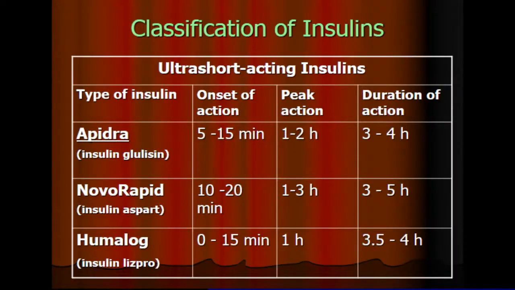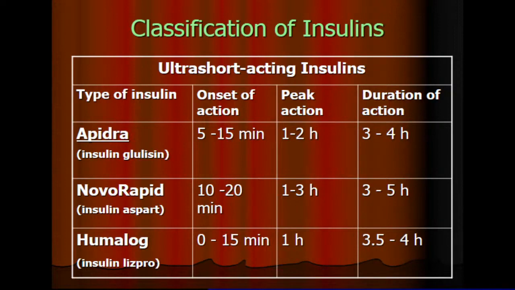Now, classification of insulins. First group, ultra-short-acting insulins. The names of this insulin: Apidra, international name insulin glulisine; Novarapid, international name Aspart; and Humalog, international name Lispro. Onset of action: Apidra 5 to 15 minutes, Novarapid 10 to 20 minutes, Humalog up to 50 minutes.